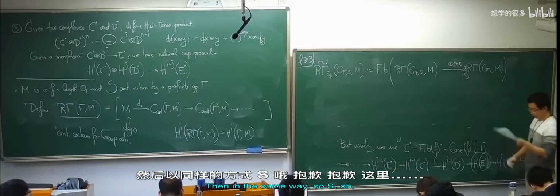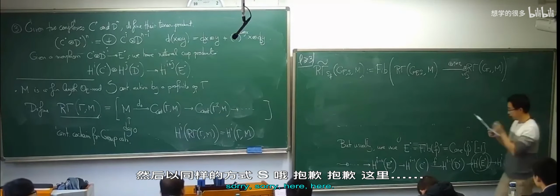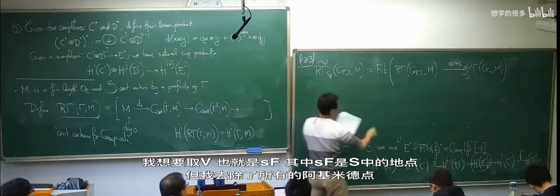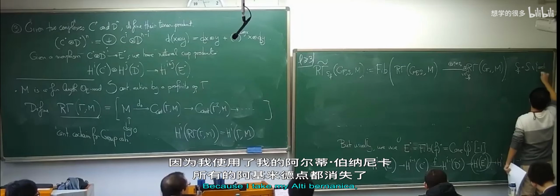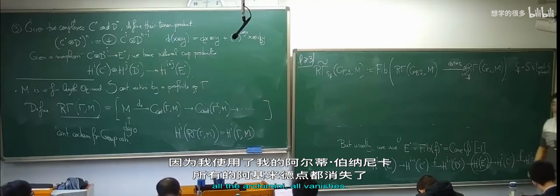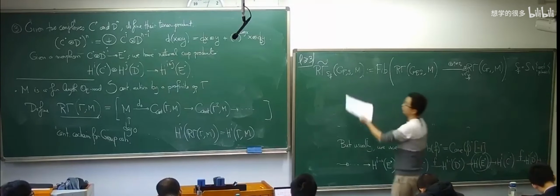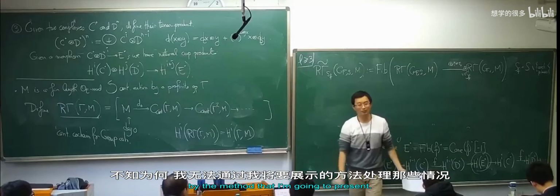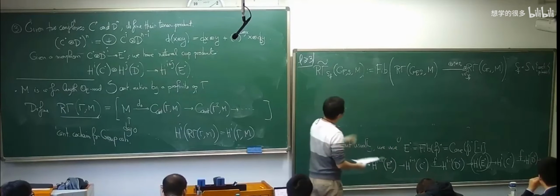Then, sorry, here I want to take v in S_F, where S_F is the places in S, but all the Archimedean ones I remove. Because I take my l to be greater than or equal to 3, all the cohomology of the Archimedean places vanishes. Somehow I couldn't deal with those by the method I'm going to present.